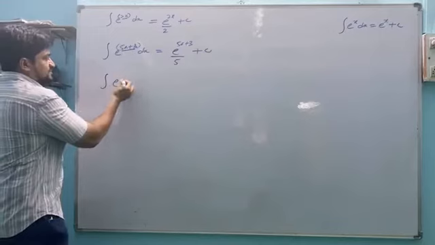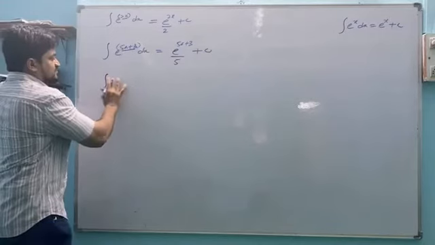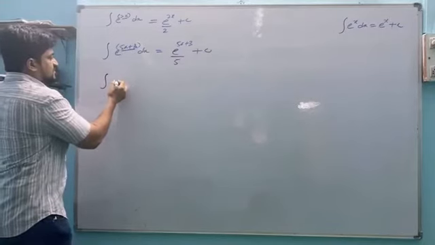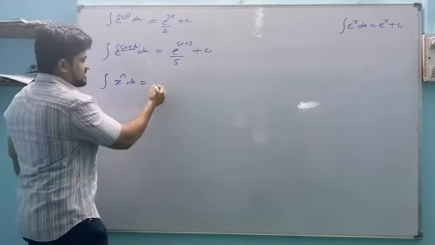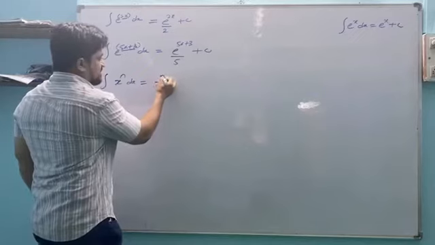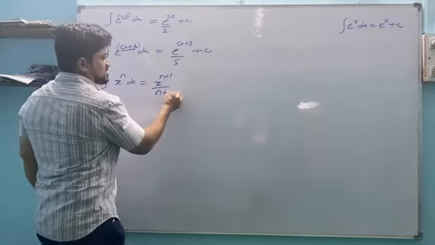Suppose we have the integral of x power n dx. What will we do? The integral of x power n dx is x power n plus 1 by n plus 1, plus c.